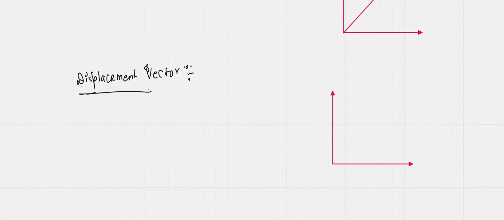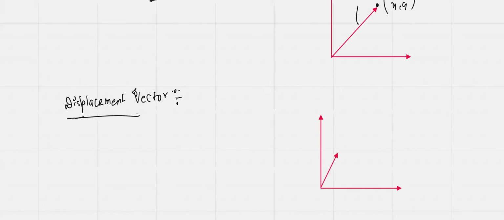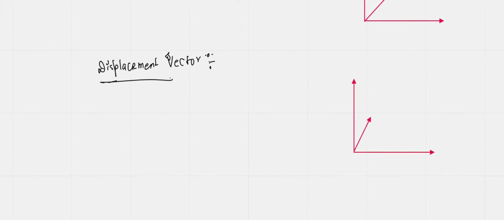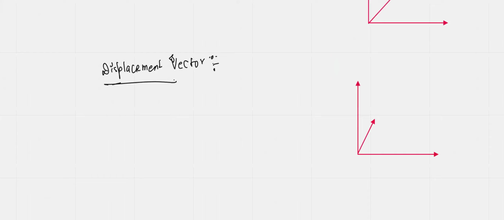Let's say this is the initial position I had. Assume this is my one vector, A. Now you know displacement is basically the shortest distance.